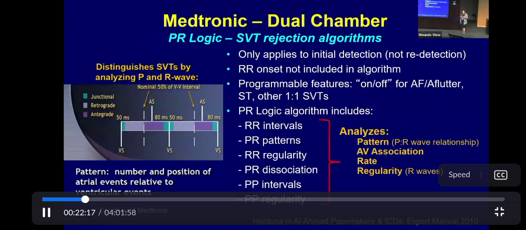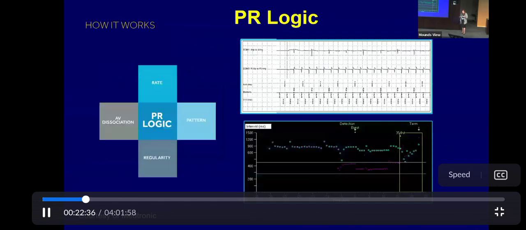So the dual chamber algorithms have PR logic and rejection algorithms, and they work in a variety of different ways. It applies just for the initial detection, not for redetection. It looks at the patterns of the PR relationship, AV association, the rate, and the regularity to distinguish this.